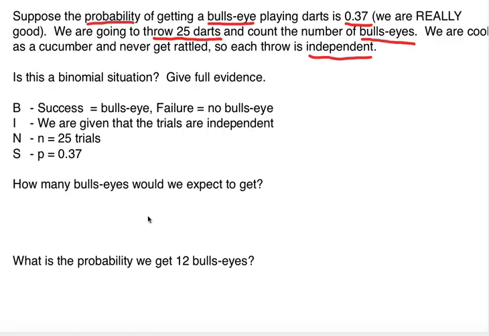All right, in this question, it's asking how many bullseyes would we expect to get? Anytime you see the word expect, think expected value, which is the mean, and the formula is N times P. N is the number of trials, so in this case we're throwing 25 times. P is the probability of success, which we were told is 0.37.